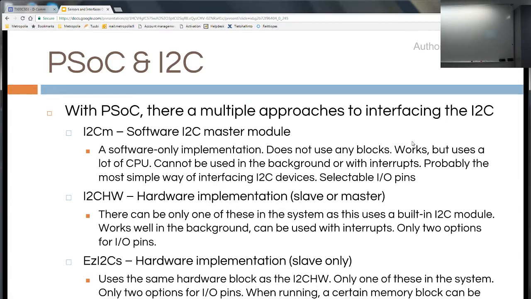But there's a master or slave interface, or easy I2C is slave only, meaning that you can make an intelligent device from that piece. For example, the Raspberry Pi doesn't have an A to D converter.